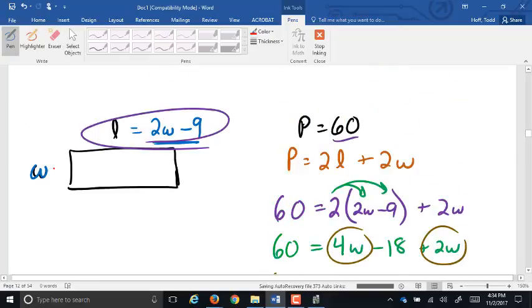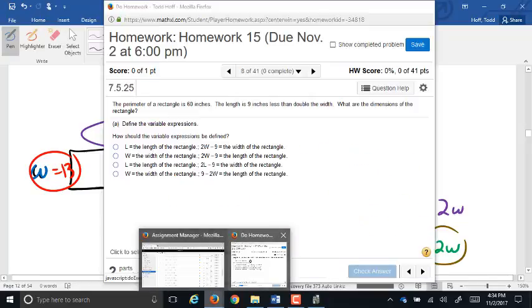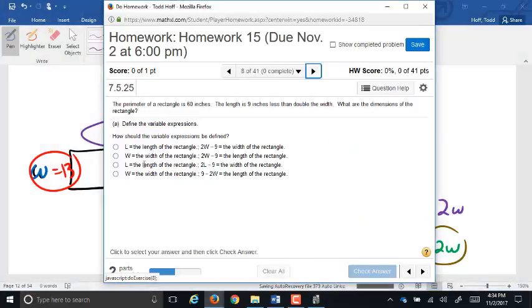So 13 is W. L then is 2W minus 9, or 2 times 13 minus 9. 2 times 13 is 26. Minus 9 is 17. So that would tell us that others are asking for the expressions. So W is the width and 2W minus 9 is the length.